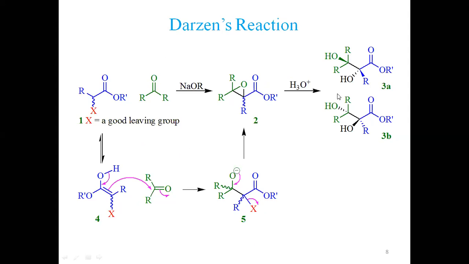Structures 3A and 3B are pure enantiomers of each other, originating from structure number 2. This is the major difference between the previous reaction and this one. You can see entirely different products have been obtained. The epoxy group you haven't observed before.